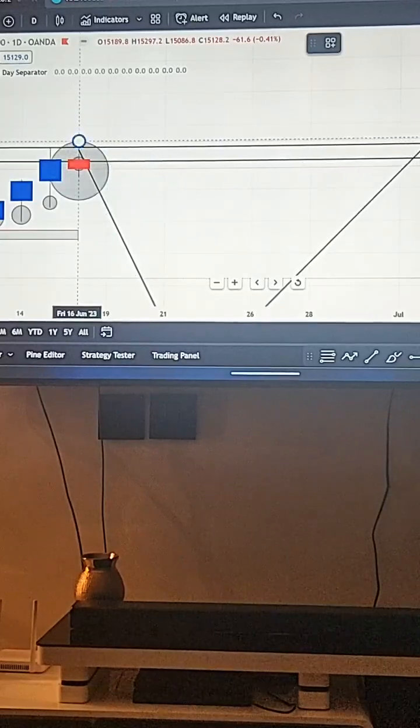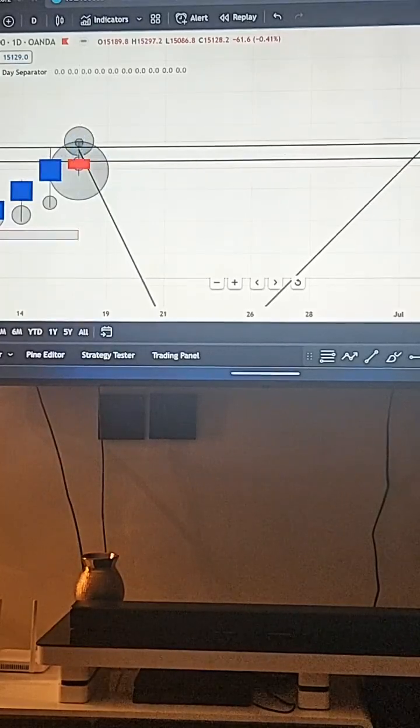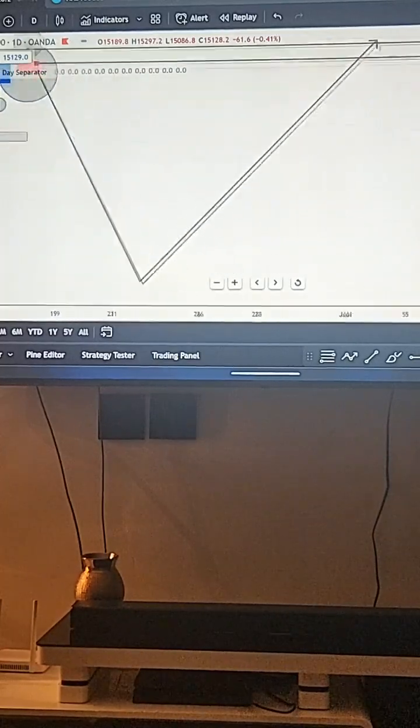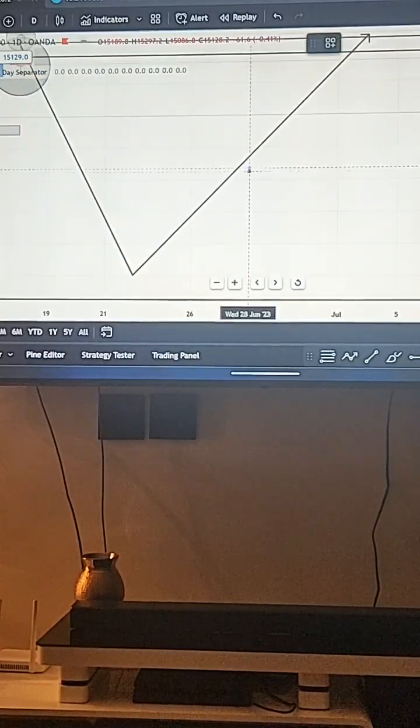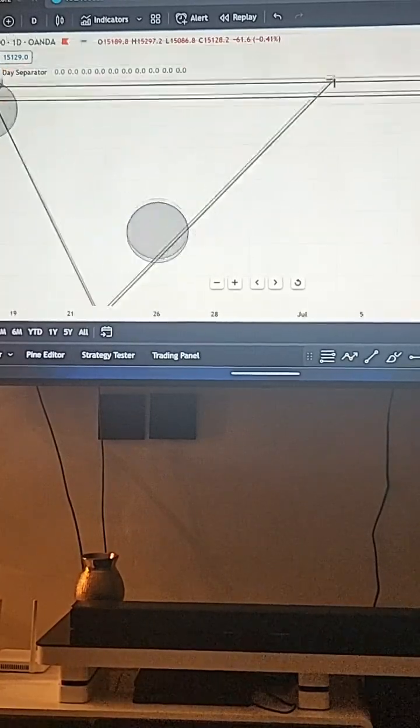Because they are trapping the buyers. Those who thought price would go higher bought, price sold. As soon as price came into this level, they bought, hoping that price would then continue bullish.